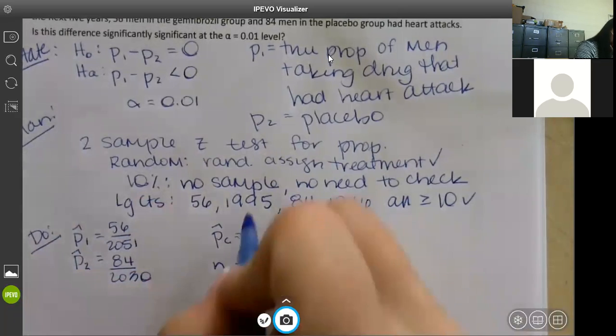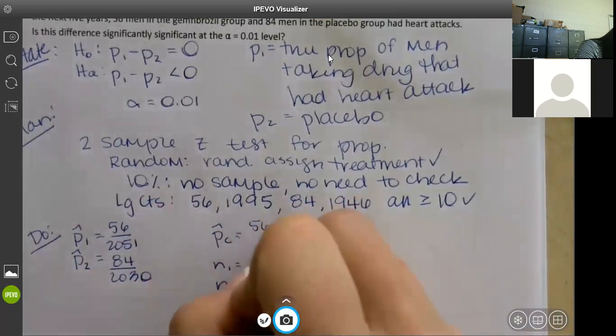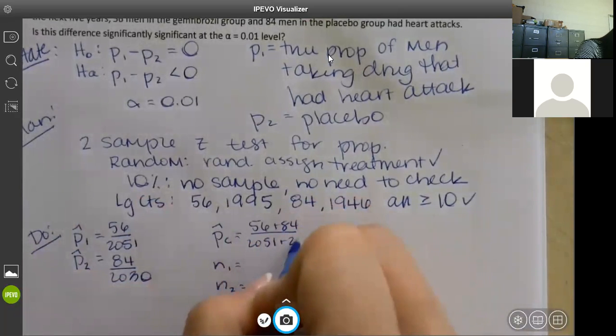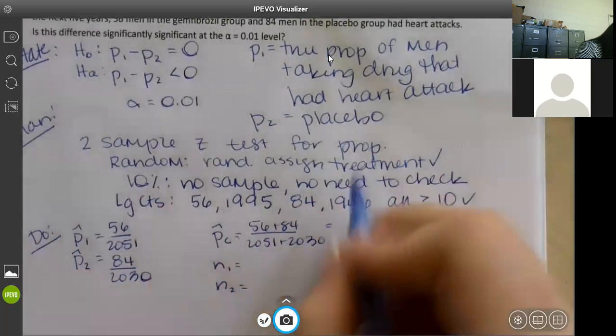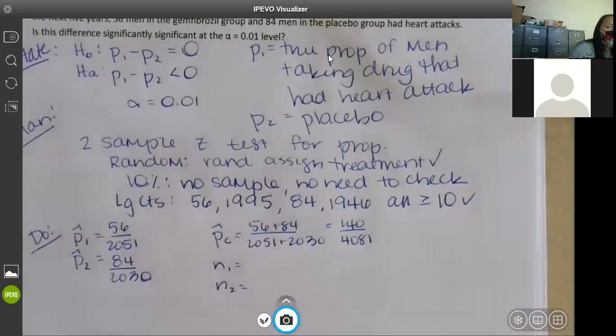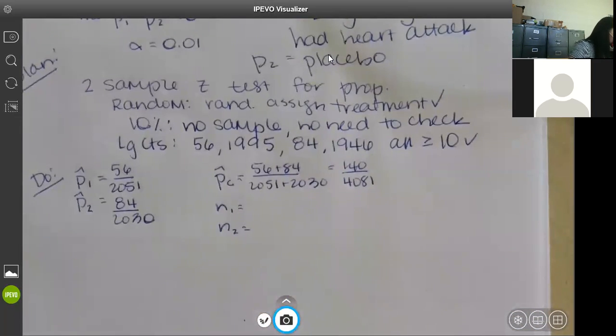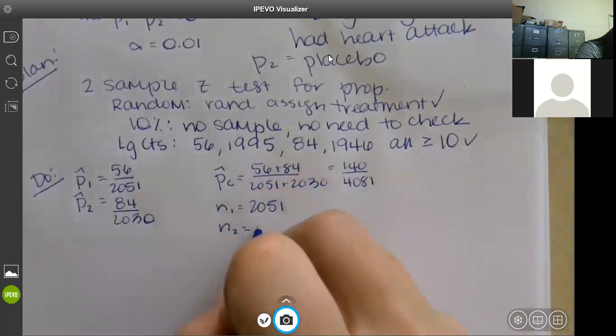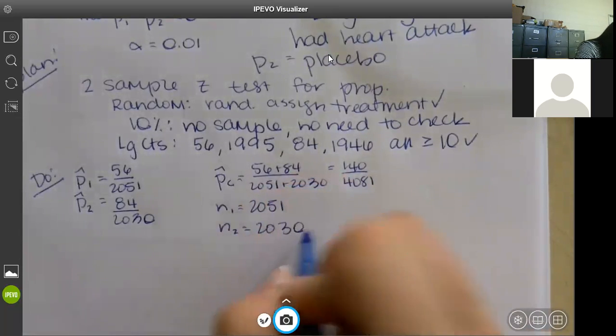P hat combined, remember we just add the tops, add the bottoms, to get 140 out of 4081. What was N1? 2051, and N2 was 2030.